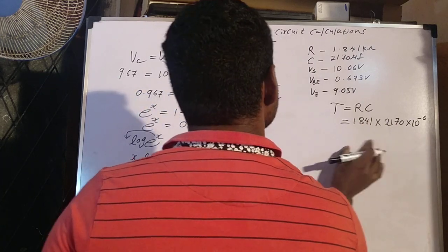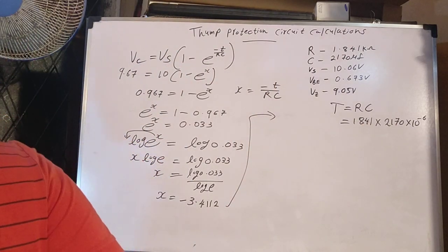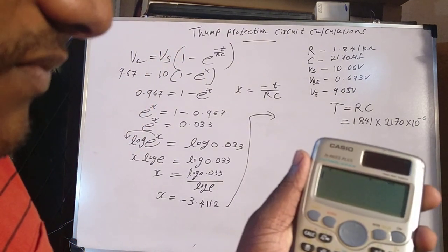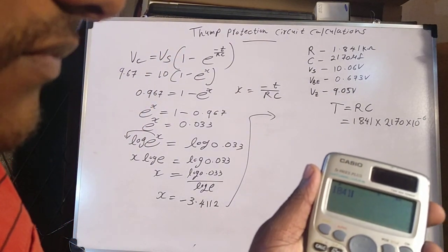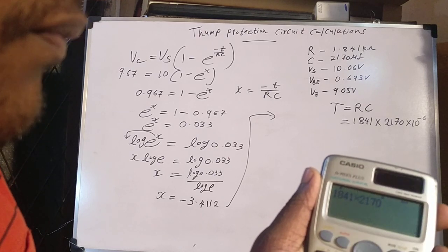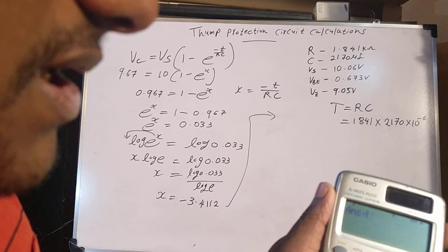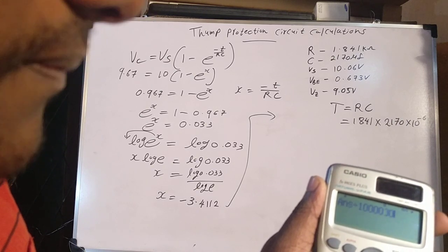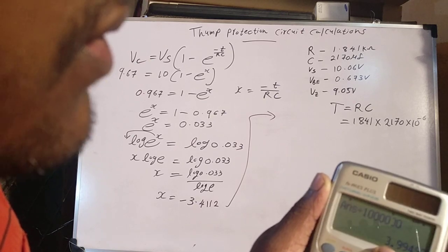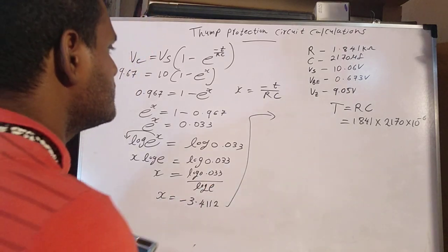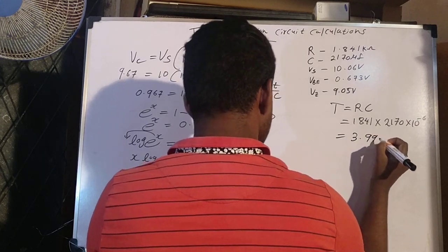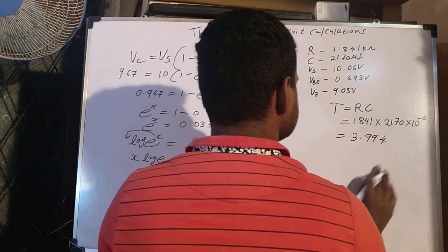So this is the RC value. I easily apply it in the calculator: 1841 times 2170 times 10 to the power minus 6, and the value is around 3.994.